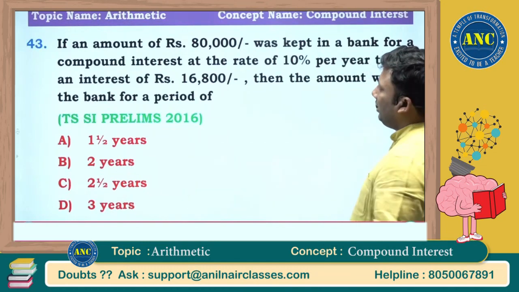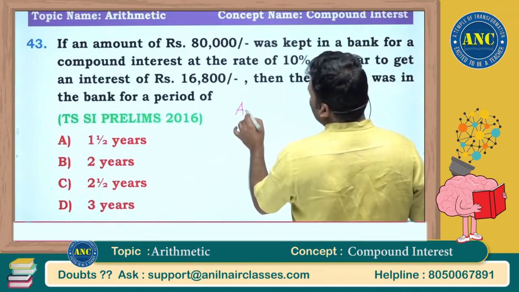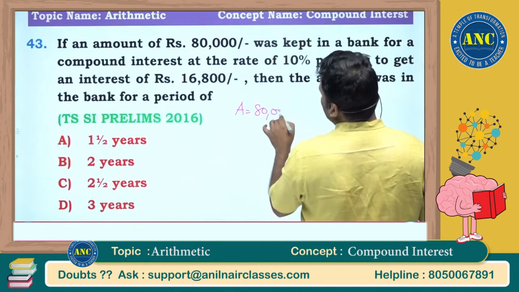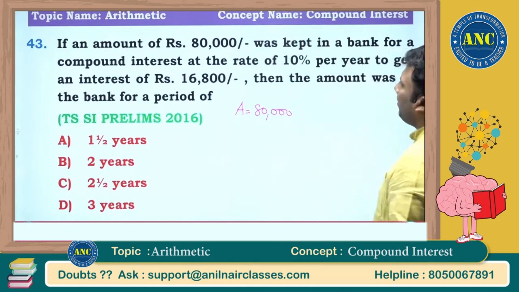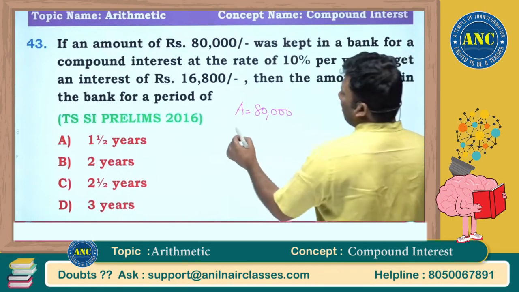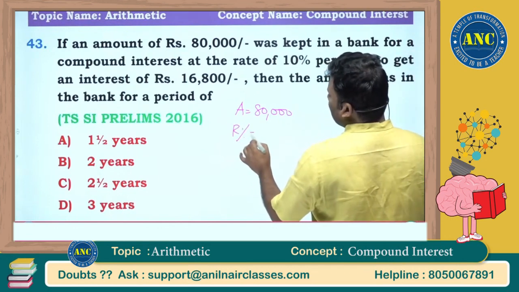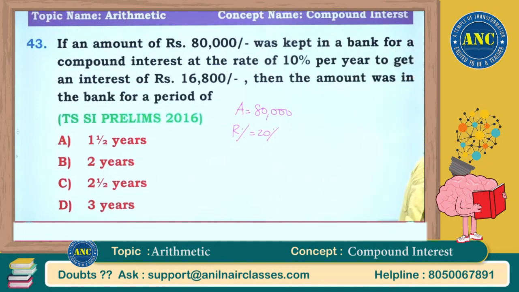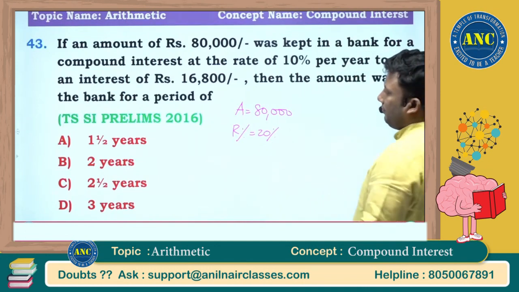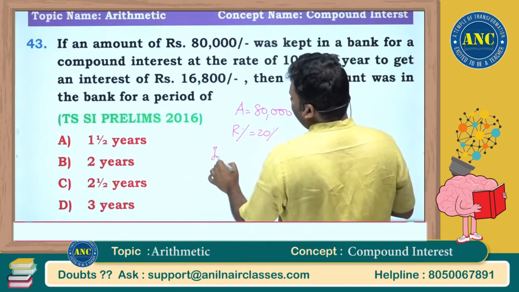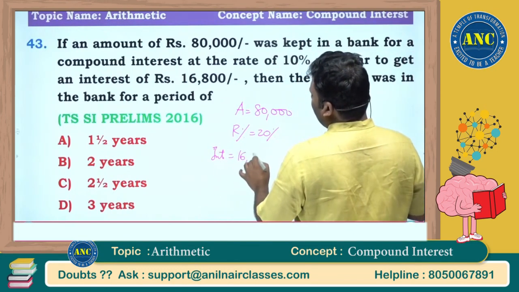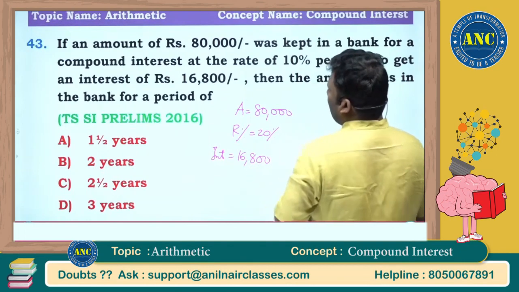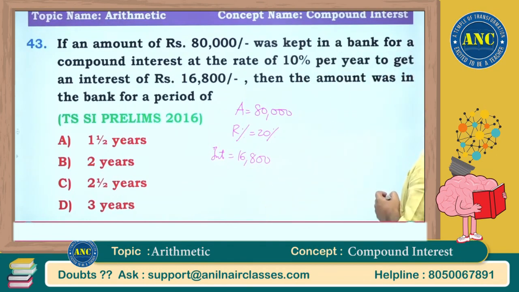If an amount of 80,000 was kept in a bank for compound interest at the rate of 10% per year, the interest will be 16,800. Then the amount was in the bank for a period of.